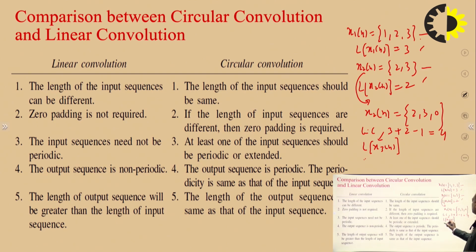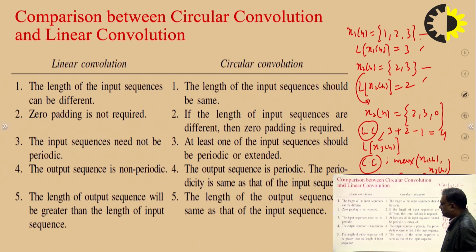And in circular convolution, what is the length? It is the maximum of the lengths of x1[n] and x2[n]. The maximum value is 3, so the length of x3[n] will be 3 while applying circular convolution.